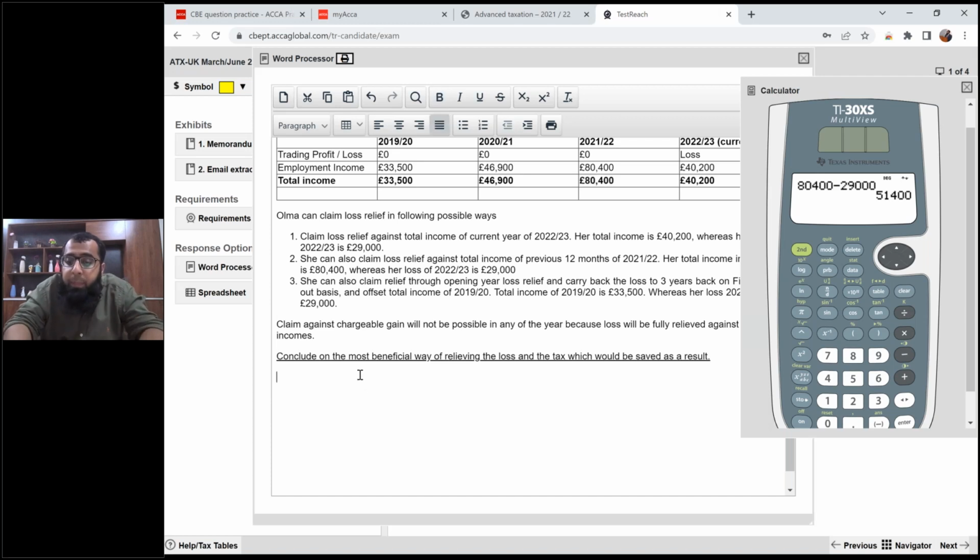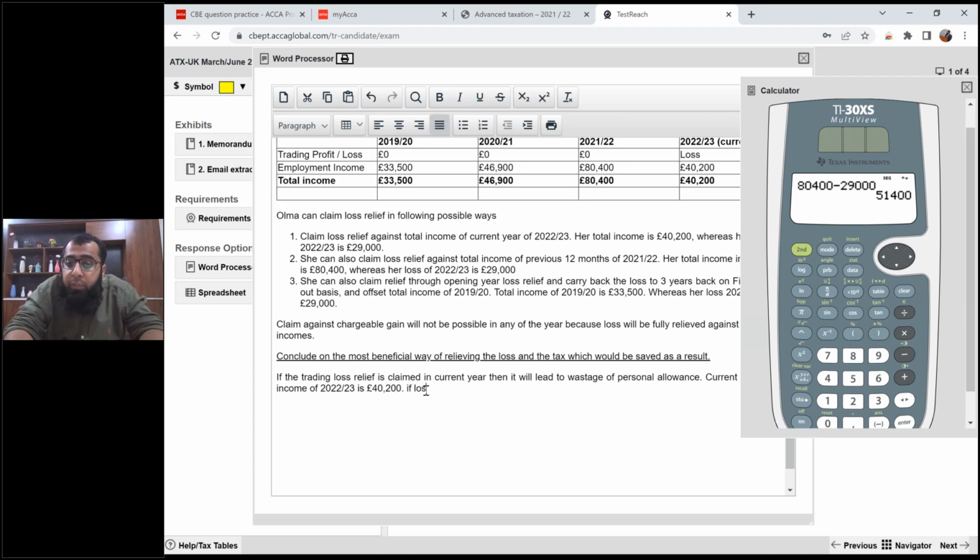See, while I develop the answer. If the trading loss relief is claimed in the current year, then it will lead to wastage of personal allowance. Current year total income of 2022-23 is 40,200 pounds.